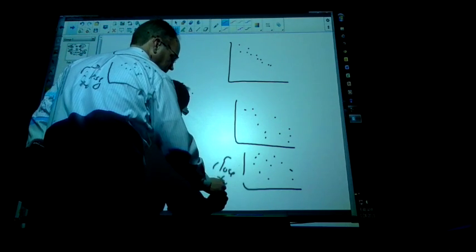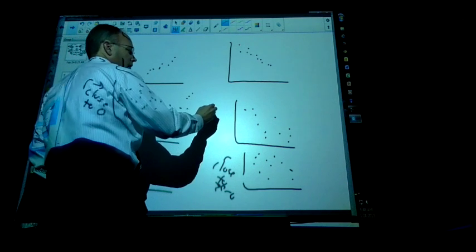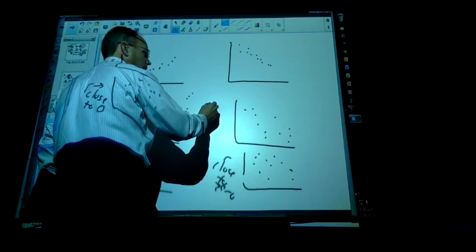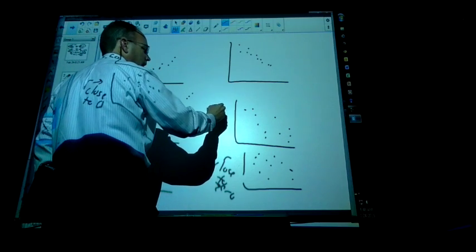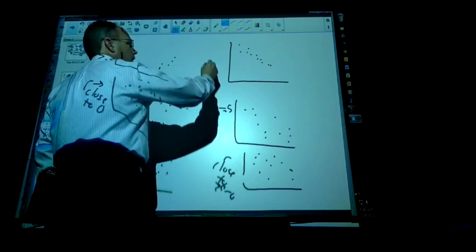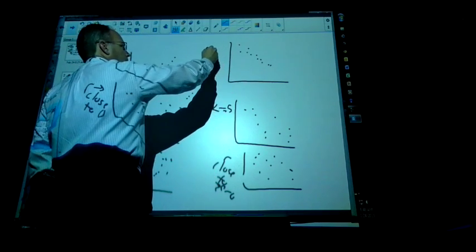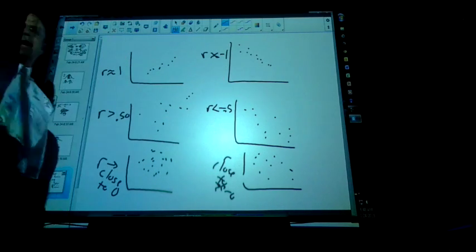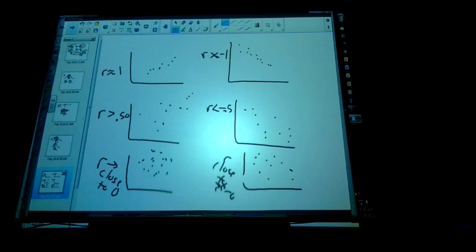This is R probably less than negative 0.5. And this is R about negative 1. Okay? So R values stand for this. It's how good you think your data would fit to a line of best fit.